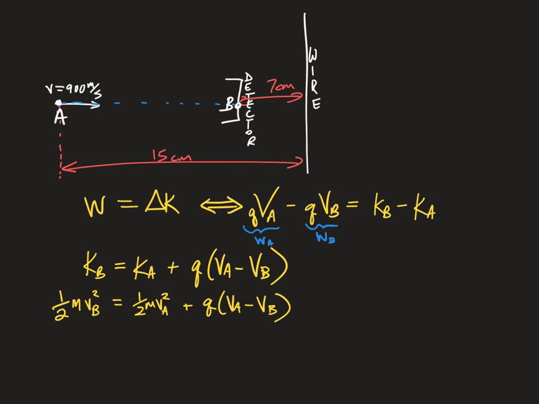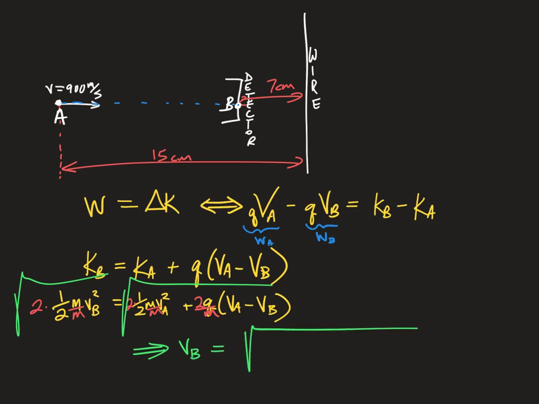And we want to get that speed by itself, so if we were to multiply everything by 2, divide by m, and do a square root, then we would get this speed that we're curious about in this form.